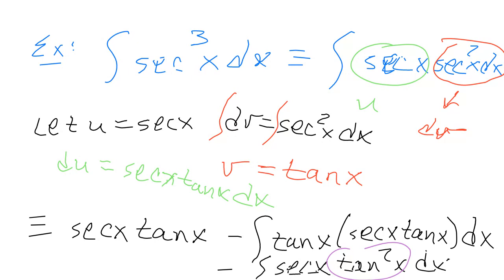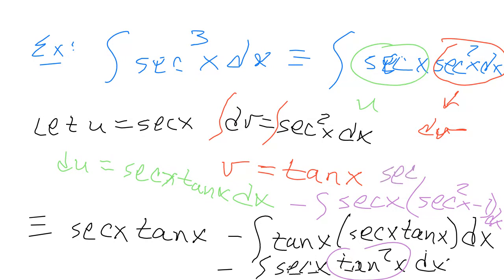So this is going to be minus the integral of secant x times secant squared x minus 1 dx. If I multiply that out, this is secant cubed x minus secant x, and I'm subtracting the antiderivative of that whole thing, dx.